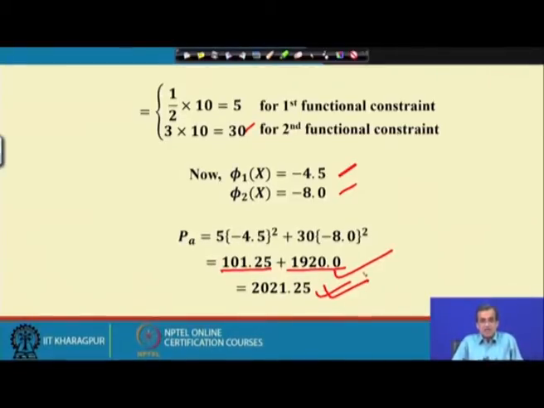Once you have the penalty term, I will have to calculate the modified fitness, and based on the modified fitness, I will have to carry out the reproduction scheme or the selection scheme in genetic algorithm, so that depending on the modified fitness, the reproduction scheme selects good solutions for the mating pool.